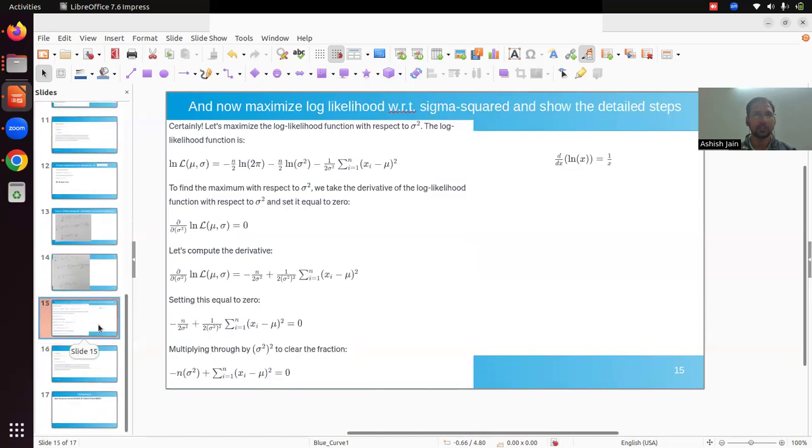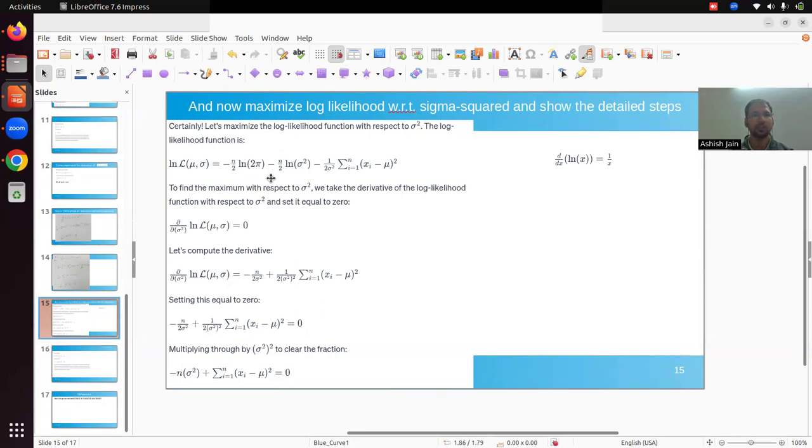Now the last thing is, we ask ChatGPT to maximize the log likelihood function with respect to sigma squared and show the detailed steps. So this is also simple. What we do is we assume that our variable is sigma squared itself. This is a straightforward thing.